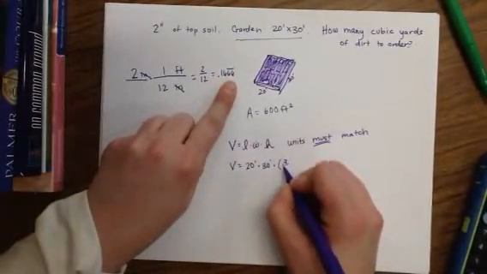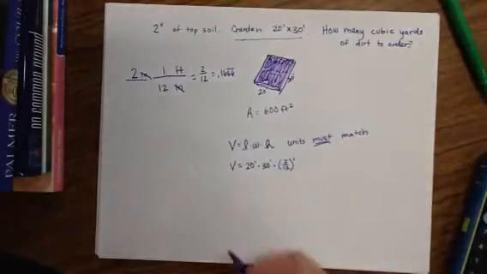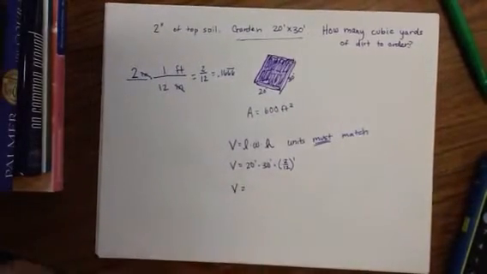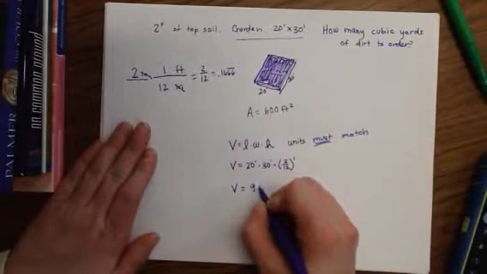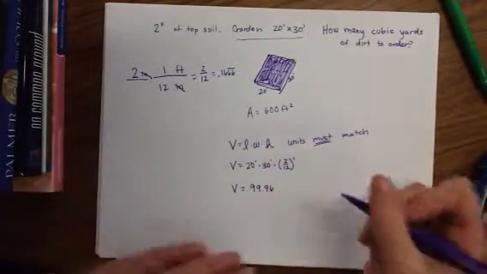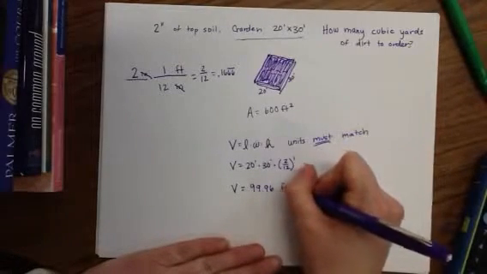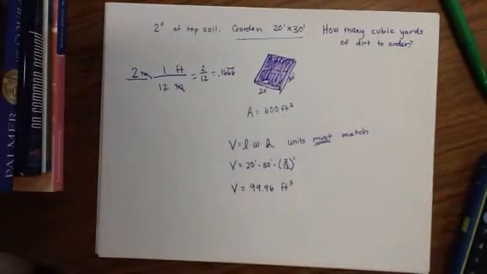I'm probably just going to write it like this, and that's all feet. So that's going to give me 20 times 30 times 0.1666, which is going to be 99.96. Now this is feet cubed.